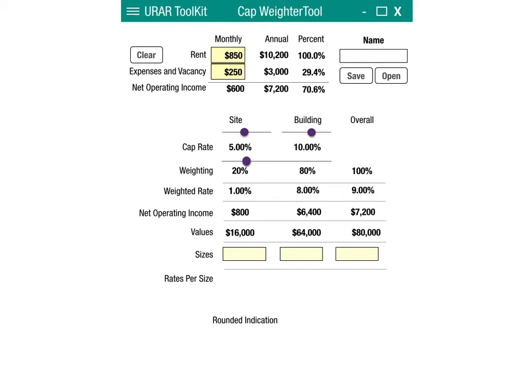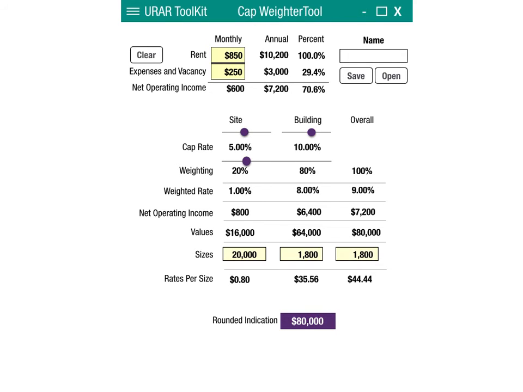Adding those two together, we've confirmed that 7,200 is our NOI. The sizes, we note here that the rates per size have changed because the values have changed, and our overall has dropped to 44. And we also see the rounded indication.